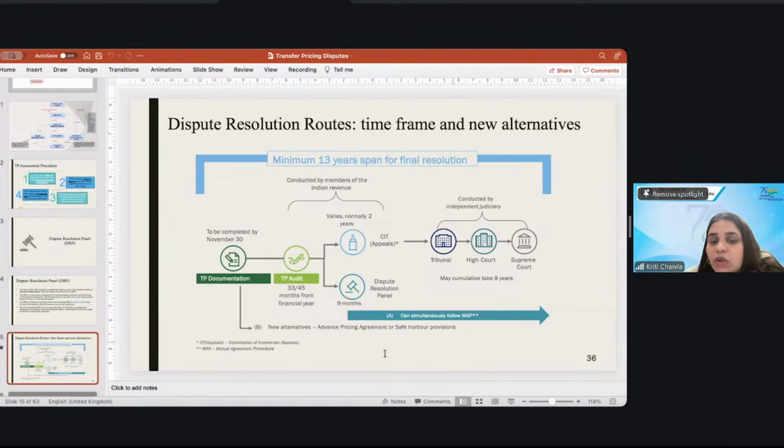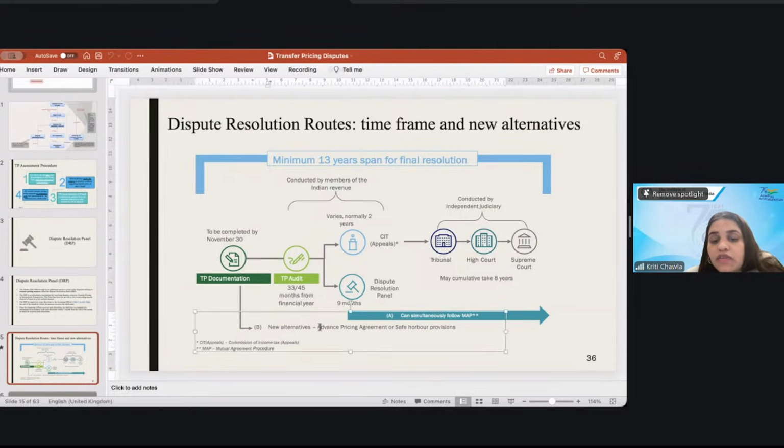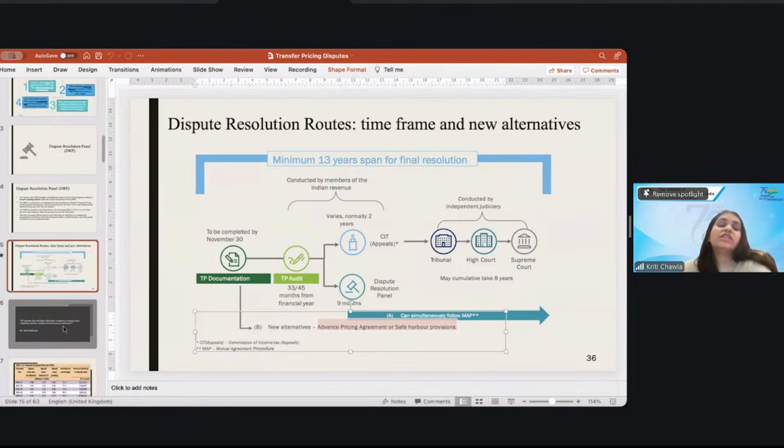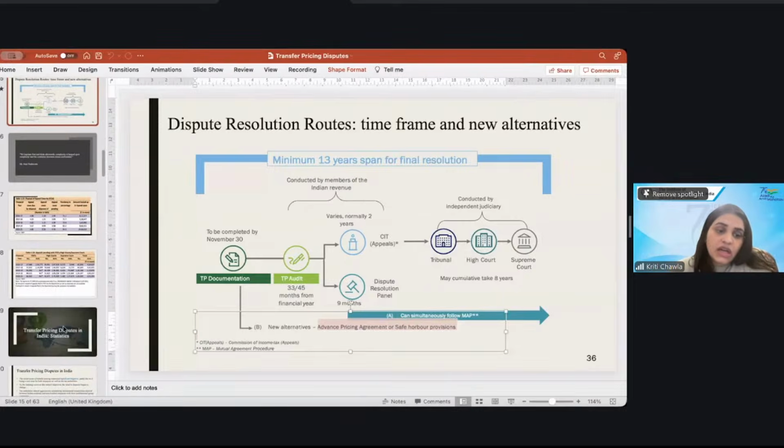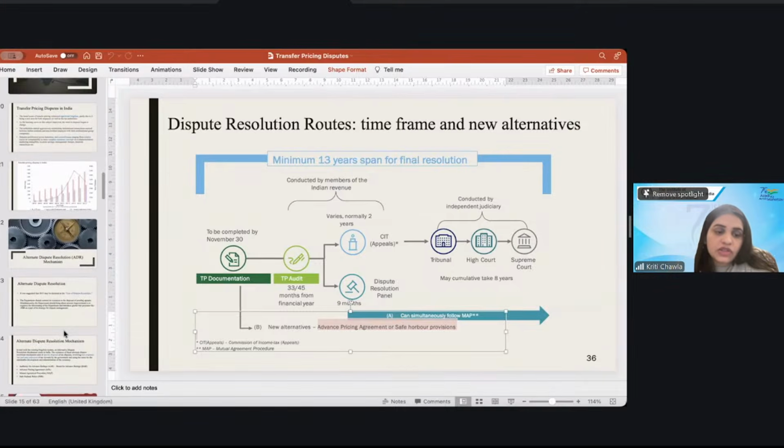Now this is where there are new alternatives. Instead of taking this route, you can go in for something called an advance pricing agreement or the safe harbor provisions that we will be talking about today. I'm going to go back to the earlier slides to display.